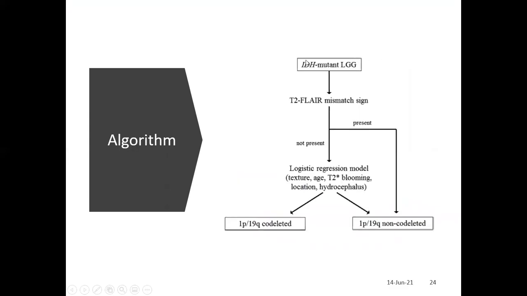In this algorithm, for IDH mutant oligodendroglioma, the T2 FLAIR mismatch sign is present if it is 1p19q non-co-deleted, and not present otherwise. You can see the texture and blooming location, and this is 1p19q co-deleted. So we have to divide into 1p19q co-deleted and non-co-deleted. If the T2 FLAIR mismatch sign is there, you think it is an IDH mutated glioma.